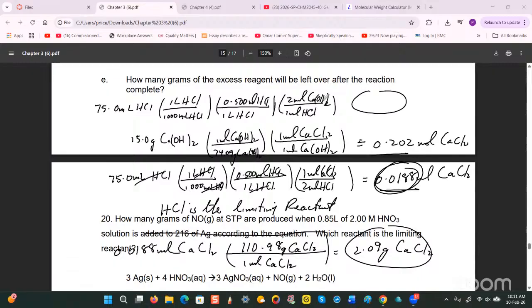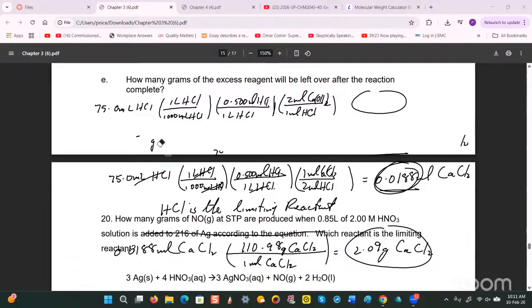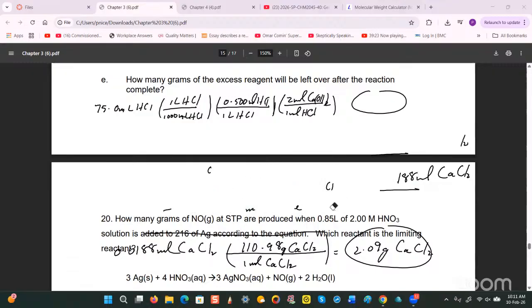All right, so to avoid confusion, let me erase all this down here. Oops. Like that. So this should be 1 mole of HCl here, okay.